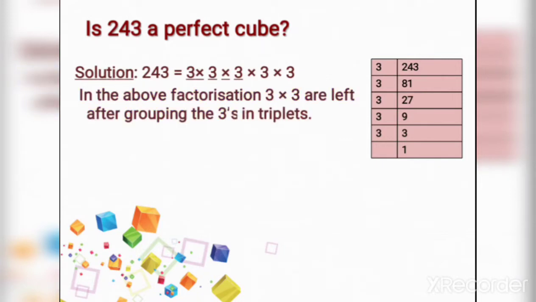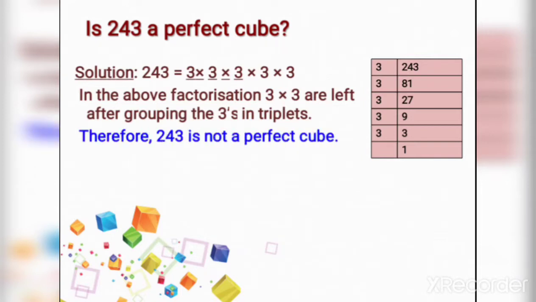In the above factorization, 3 multiplied by 3 are left after grouping the 3's in triplets. So, this group is left ungrouped. Therefore, 243 is not a perfect cube.